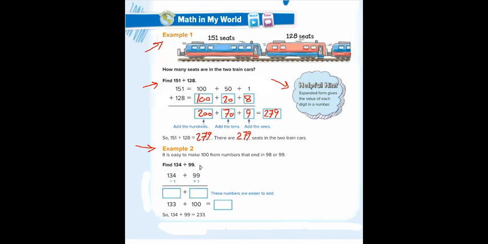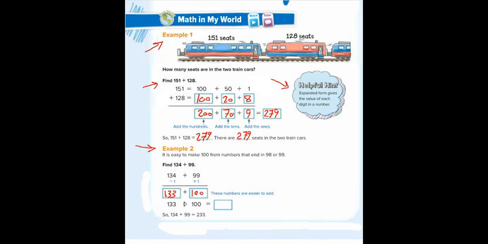99 needs how many to be 100? Yes, needs 1. So we will take 1 from this 134. After we take 1 from 134, it will be 133. Add this one to 99, so it will be what?